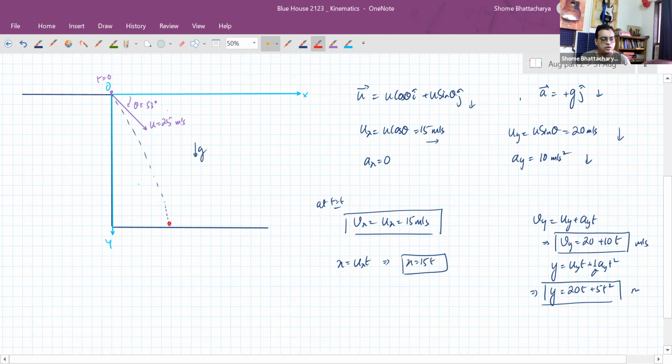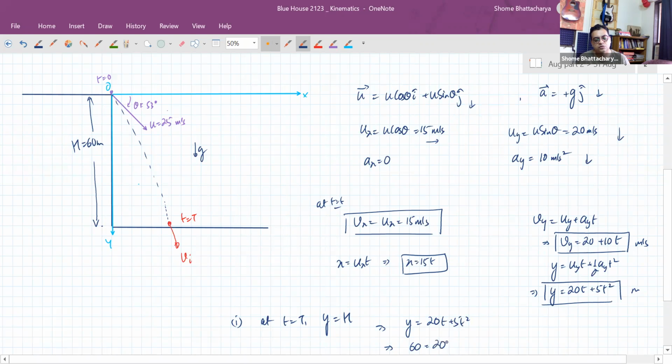Right. Okay. So at the time when it impacts the ground, t equal to capital T. So the first part you can see that at t equal to capital T, the y component of displacement should be this h, which is 60 meters. So from this equation, we'll see that 60 is equal to 20 capital T plus 5T square.